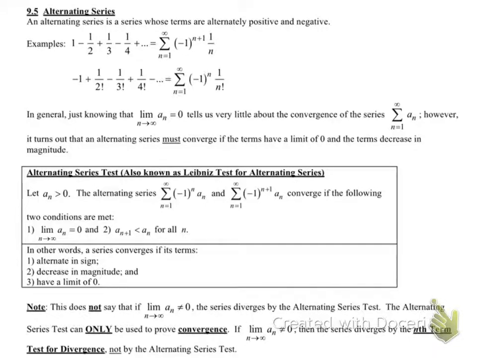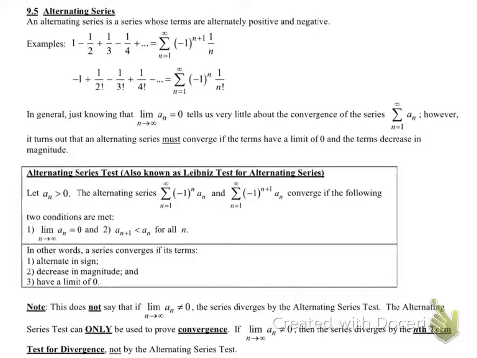But if it's alternating back and forth and also getting closer to 0, then believe it or not, that alternating series must converge. This is called either the alternating series test or the Leibniz test for alternating series.